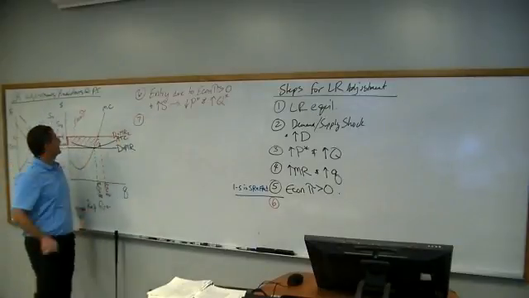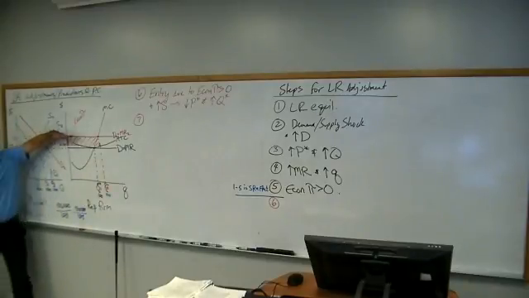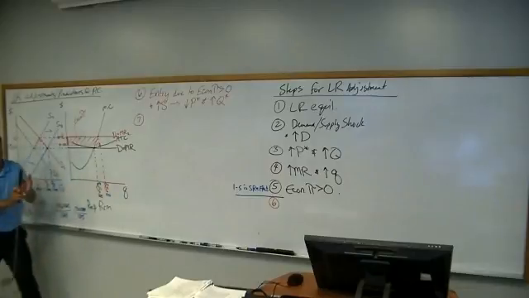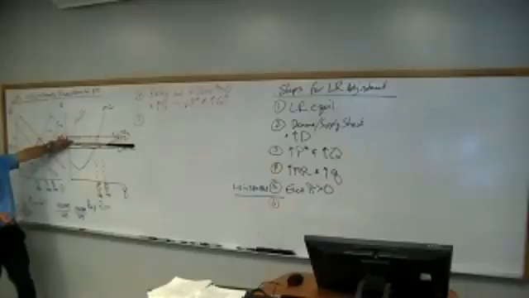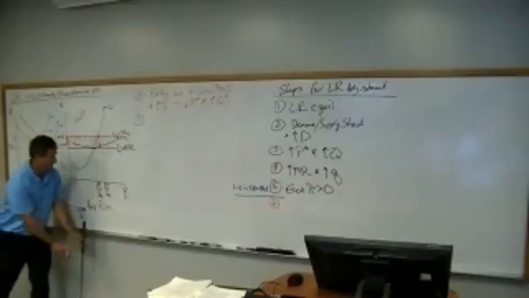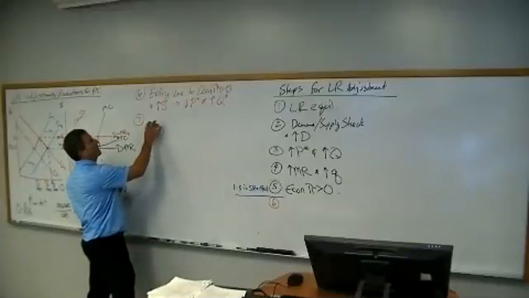So step number 7, as that price starts to fall, you can see these profits being squeezed out. Right? As the prices start to fall, we start to shrink that box. Profits start to fall. And they ultimately go back to 0, yes.